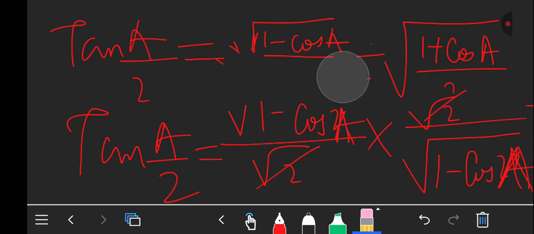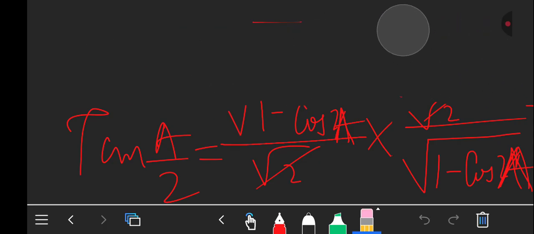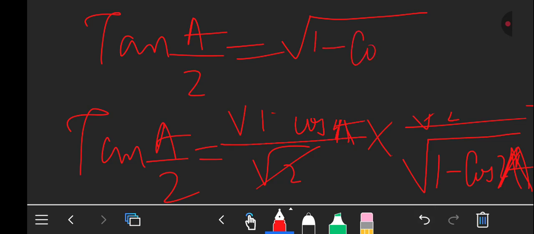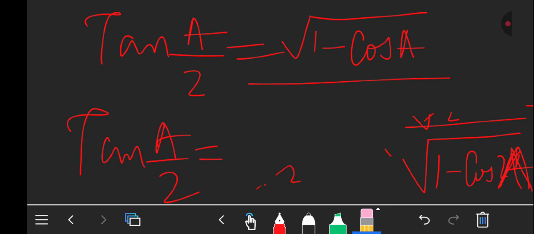So this is what you are going to have. Let me just erase this part. So tan a over 2 will be equal to square root of 1 minus cos a over square root of 1 plus cos a.